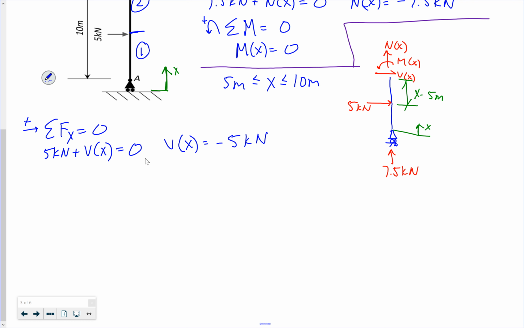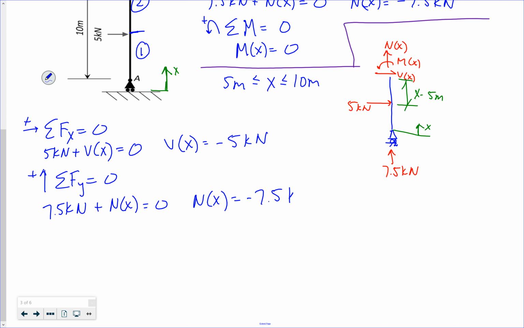If I do the sum of the forces in the y direction, positive up, I have 7.5 kilonewtons plus my axial load is equal to 0. So I still have that constant compressive load of 7.5 kilonewtons.